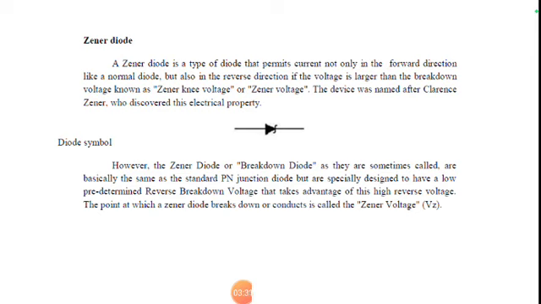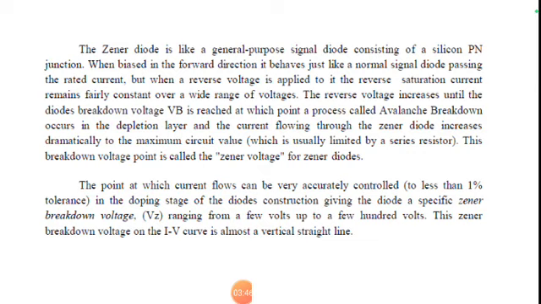and it is basically a standard PN junction diode designed to have a low predetermined reverse breakdown voltage, which has the advantage of handling high reverse voltage. This Zener diode is like the general purpose signal diode consisting of a silicon PN junction.